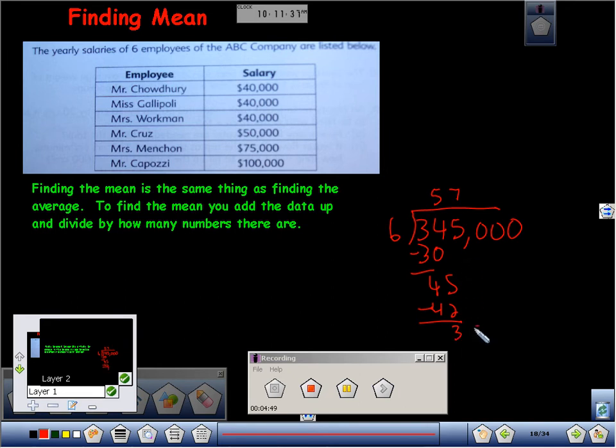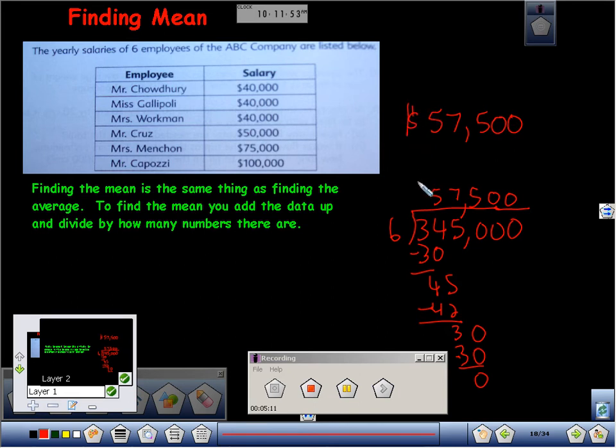Bring down the 0. 6 goes into 30 5 times, which is 30. You get 0. And then you're just going to bring your zeros over. So our mean, or our average salary for these 6 people, is $57,500.